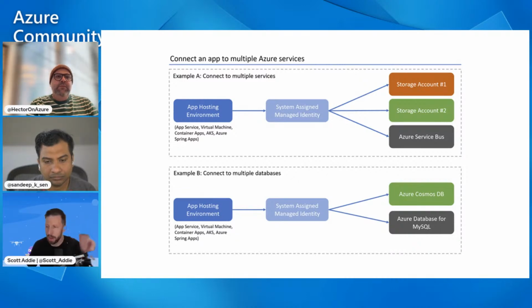So in the bottom diagram, if we take this as an example, let's imagine there's an Azure App Service instance running, hosting a web app of some sort. And that web app needs to fetch data from a couple of disparate data sources. Let's say Cosmos DB for NoSQL. We're going to use that API in Cosmos.